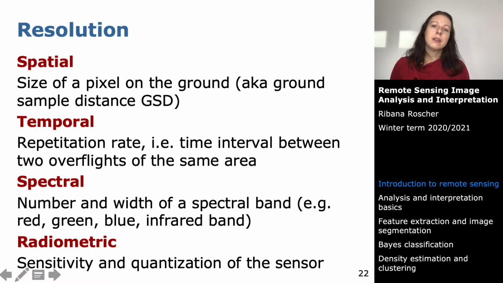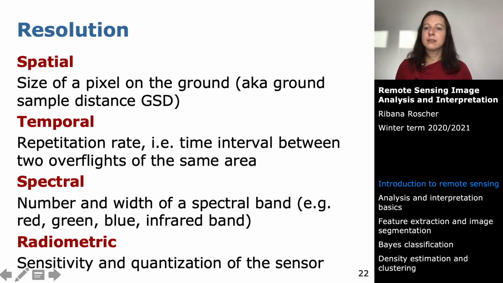There are different kinds of resolutions: spatial, temporal, spectral, and radiometric. In short, spatial resolution is the size of the pixel on the ground. It's also known as ground sample distance, in short GSD. Temporal resolution is the repetition rate of a satellite or sensor platform, meaning the time interval between two overflights of the same area.